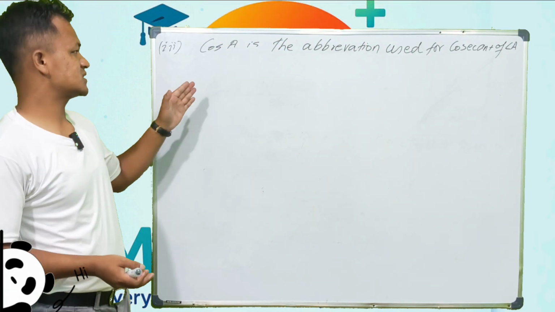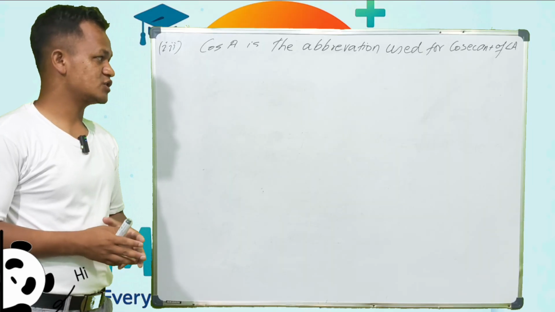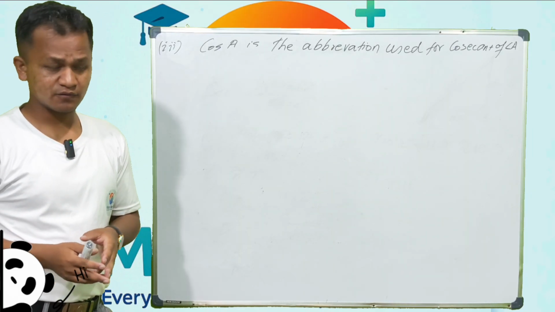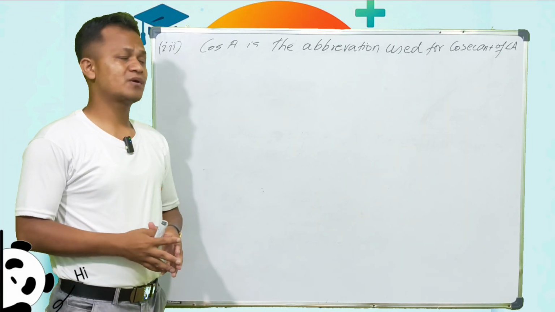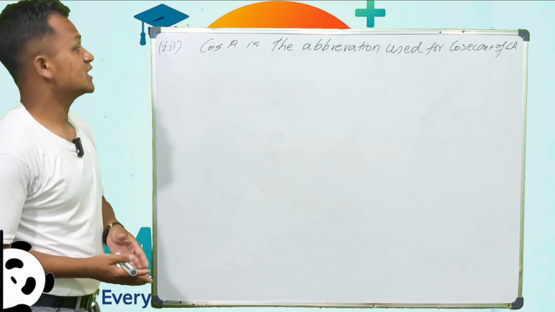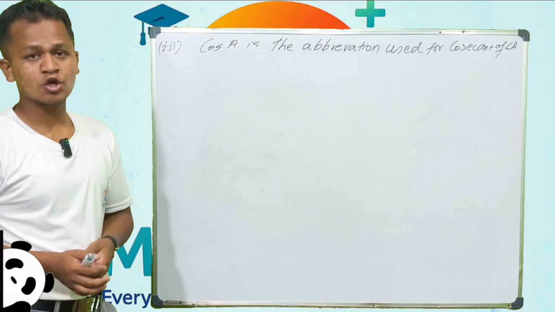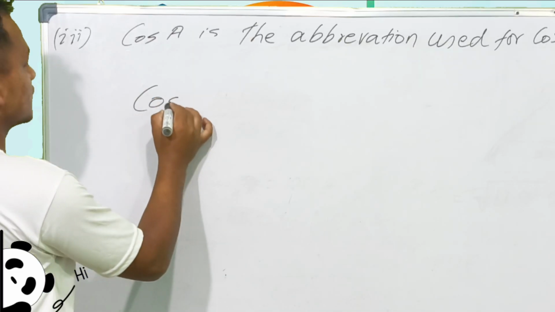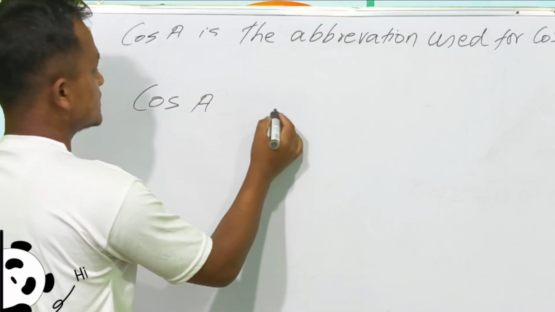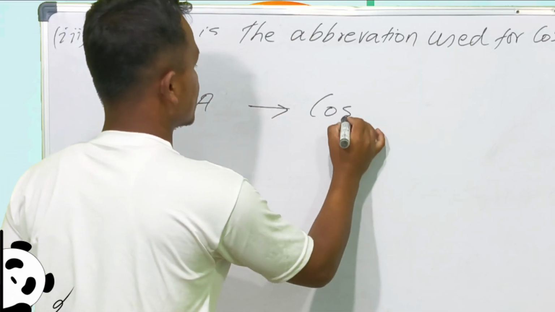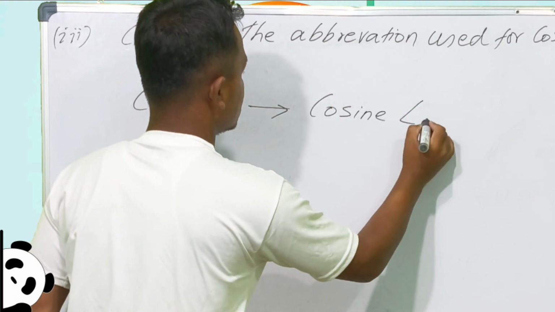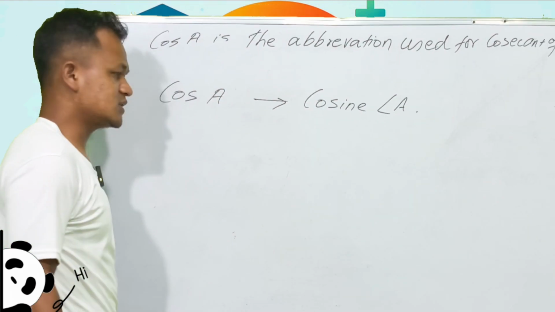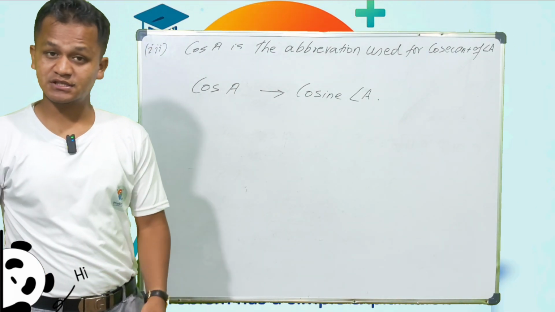Now, let's move on to question number 3. If you look at question number 3, it says that cos A is the abbreviation used for cosecant of angle A. Here clearly you can say that cos A is not the abbreviation used for cosecant of angle A, whereas cos A is nothing but the cosine of the angle A. Hence, we can say that the given statement is false.